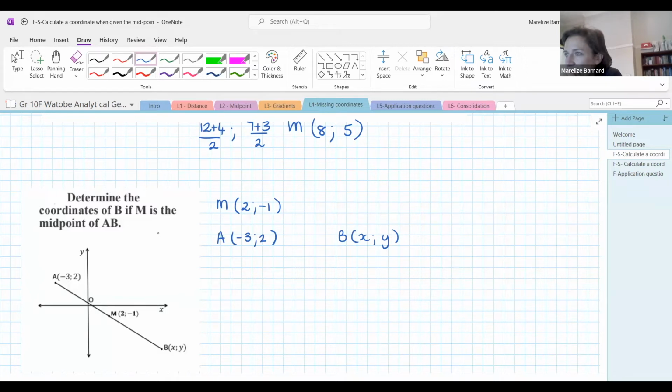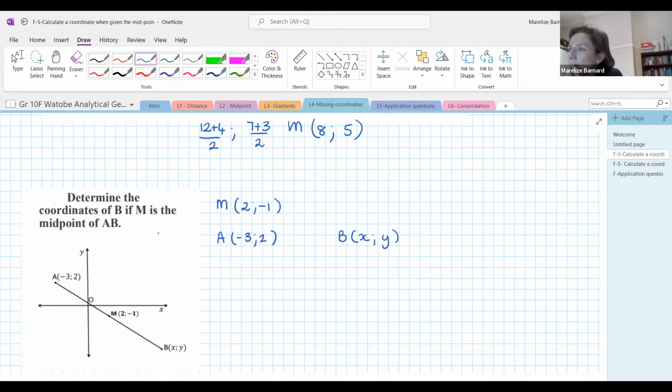Let's say, for example, 2, and then you divide it by 2, and then to get rid of 2, you times it by 2. And then you also take the other coordinate, the x, and times it by 2, because what you do on the left you do on the right.